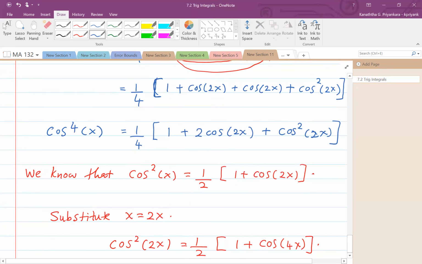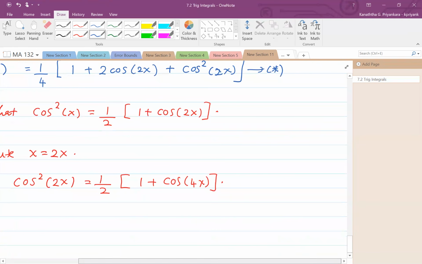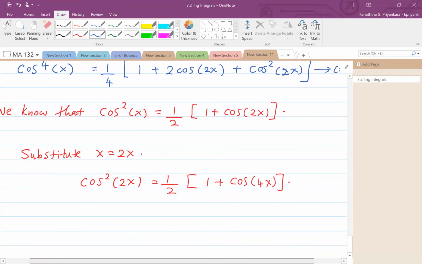I will take this as star. Then I'm going to substitute our new expression into star. So we get cosine to the power 4 x, that would be 1/4 times 1 plus 2 cosine 2x plus cosine squared 2x.